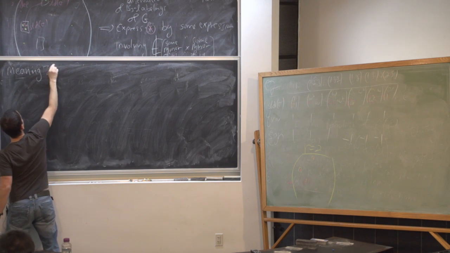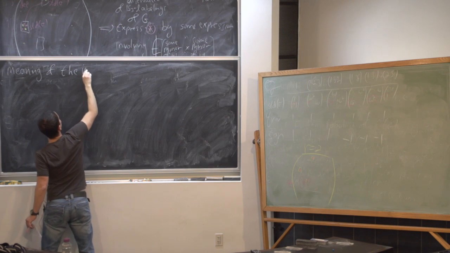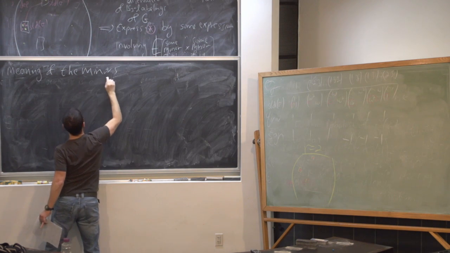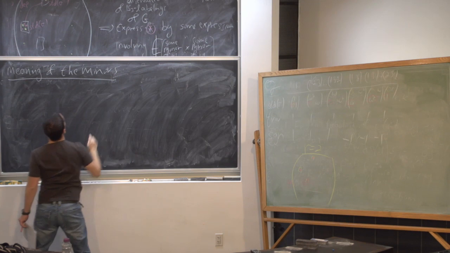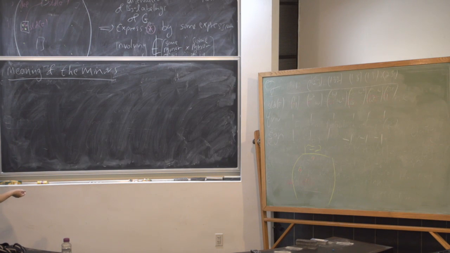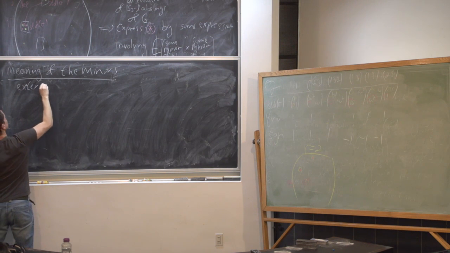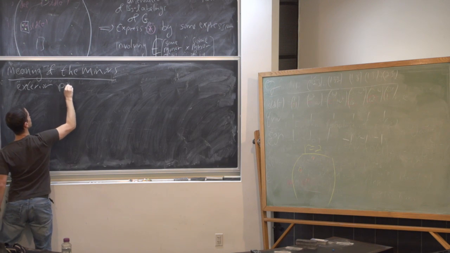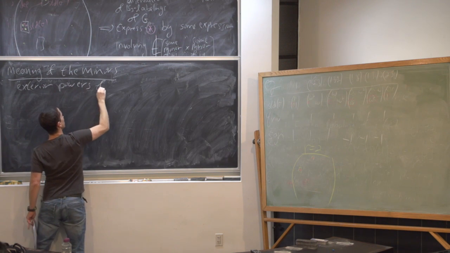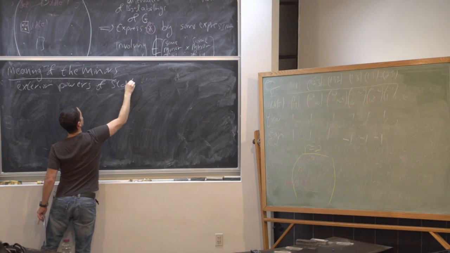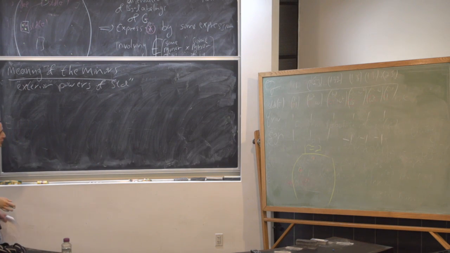You can see that the minors, in one word, these are the exterior powers of STD, of this representation.